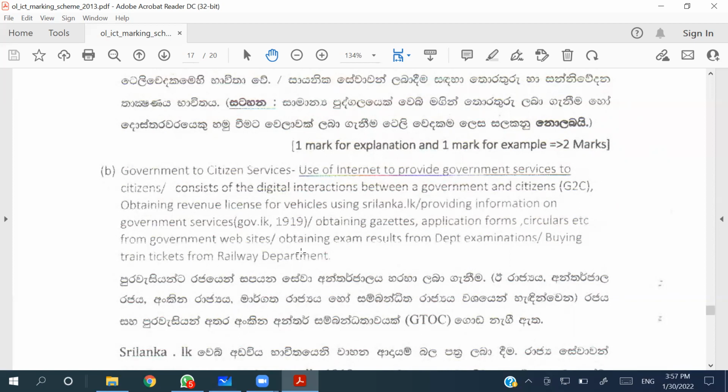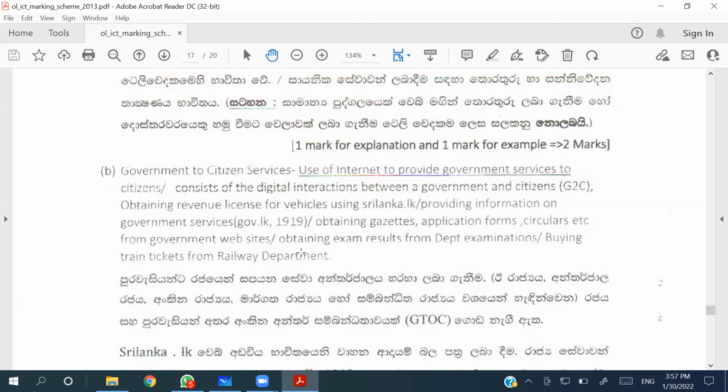So if any point is missing under that definition, you are going to lose the marks. So you should say it's the government, and in the other end it's a citizen or the consumer, and they are receiving the service in an electronic manner.